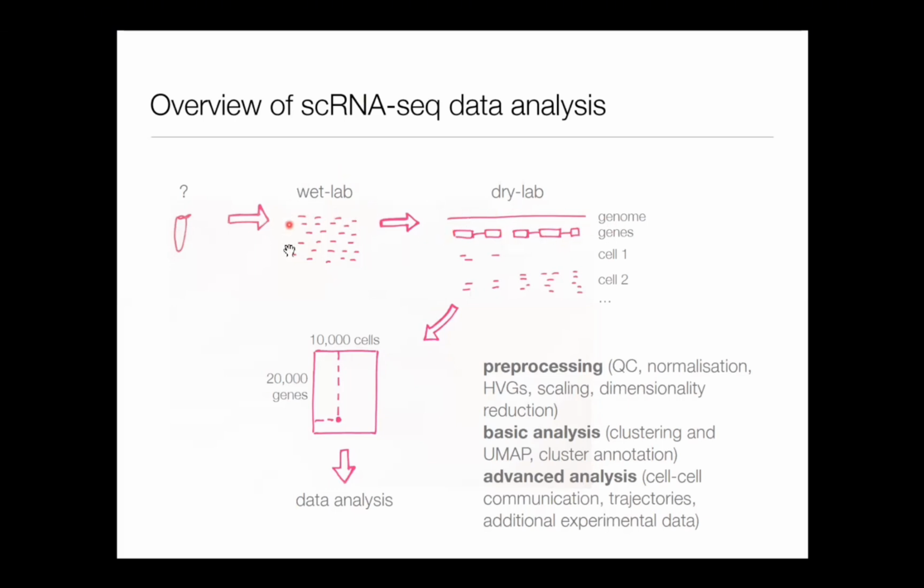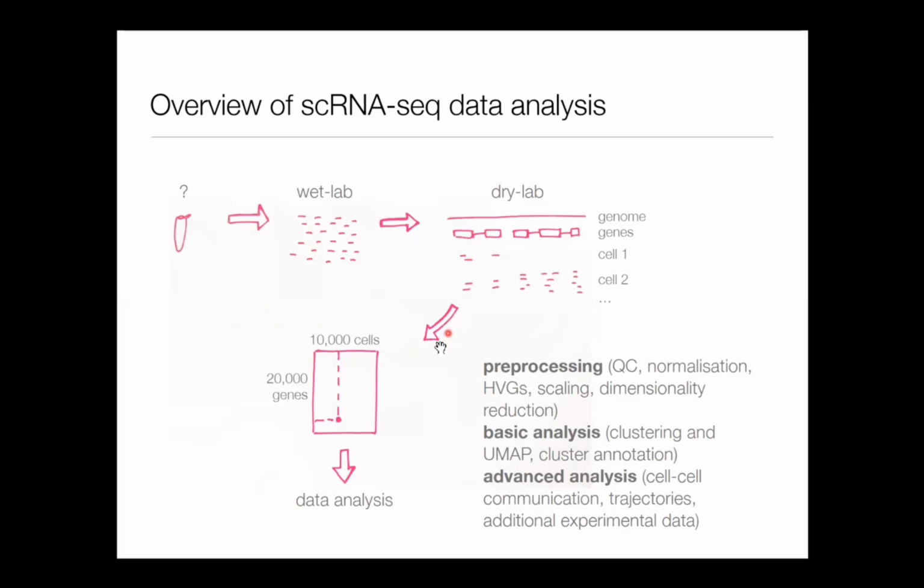The first part was the talk from Susanne, and the second part, the talk from Andreas. Here, what we are doing is basically taking all these millions of sequencing reads and mapping them back to annotated genes in the genome, and we count how many reads map to which gene.